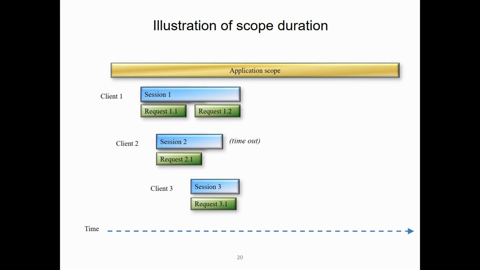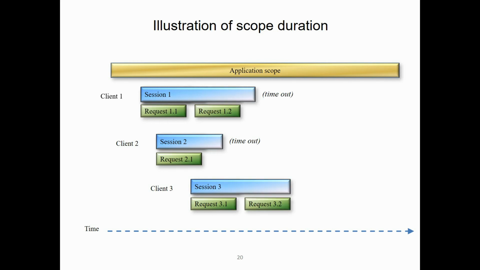It will vary according to the timing set within the server properties. And what will happen is, if there is no request received from the client within that countdown period, then the session will time out. And that's what is being illustrated with client 2. But client 1's session has not yet expired because a second request was sent in before the timeout occurred.